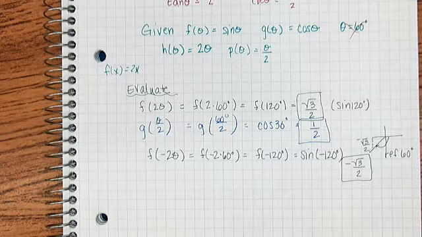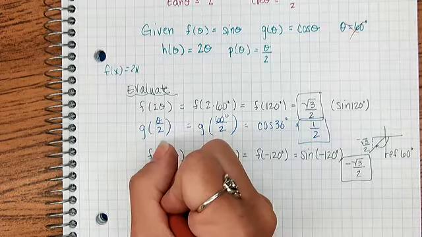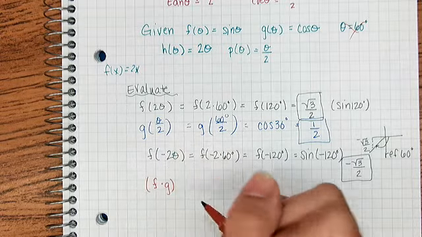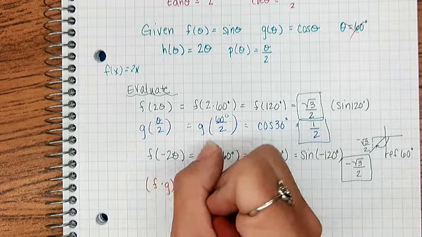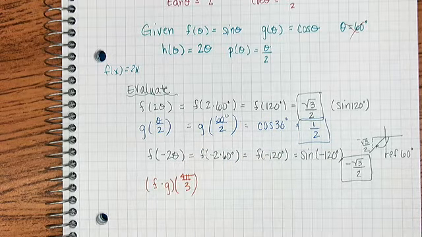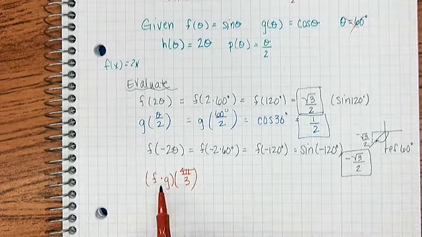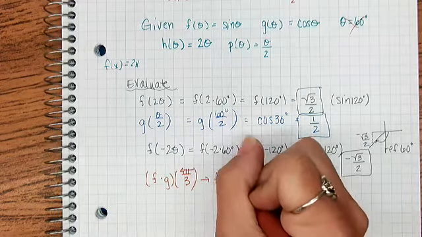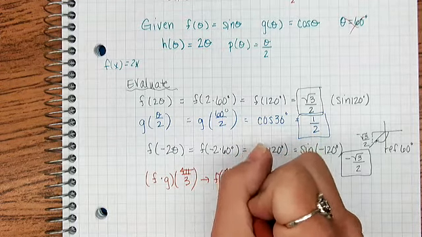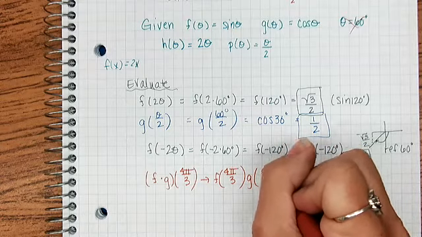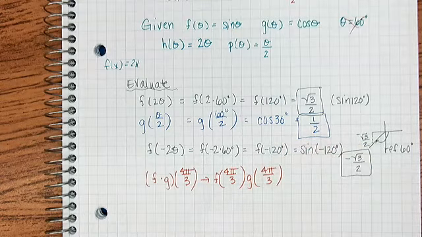Let's say I ask you to find the f times g of 4π/3. The notation, you have to be super careful. Closed circle, this means multiply. So this is the f of 4π/3 times the g of 4π/3.